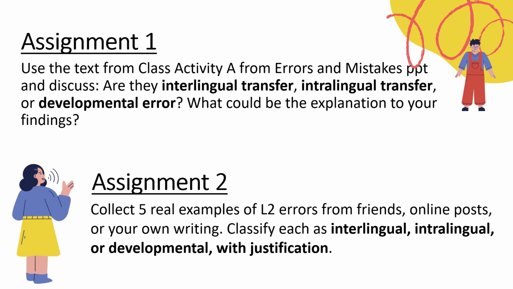And please screenshot your findings or the posts that you found and justify why you think those 5 examples have different kinds of error sources. So you want to justify why you think that example is interlingual, or maybe intralingual or developmental error. So I guess that's it.